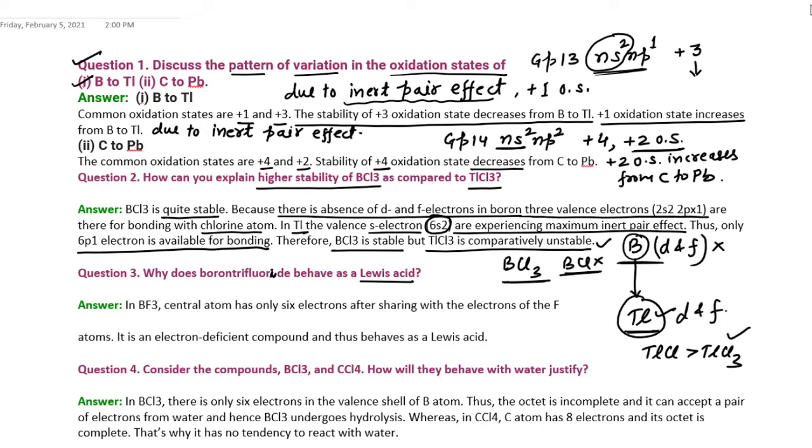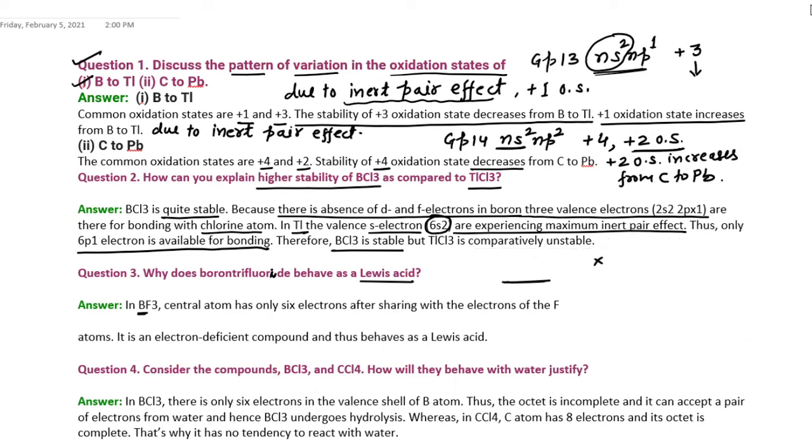Okay. So see, in BF3, boron is attached to 3 fluorine atoms. So how many valence electrons are there in boron? Boron has 3 valence electrons and 3 are shared with fluorine. So there are total 6 electrons. That's why it is deficient of electrons, meaning octet is not complete.